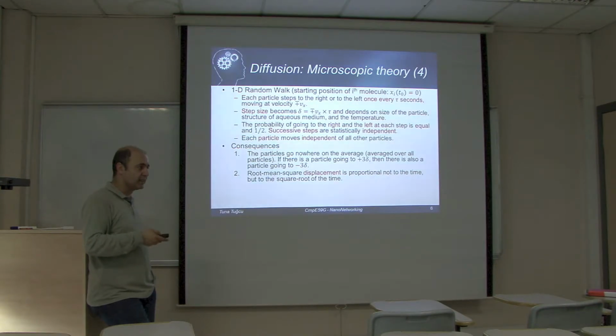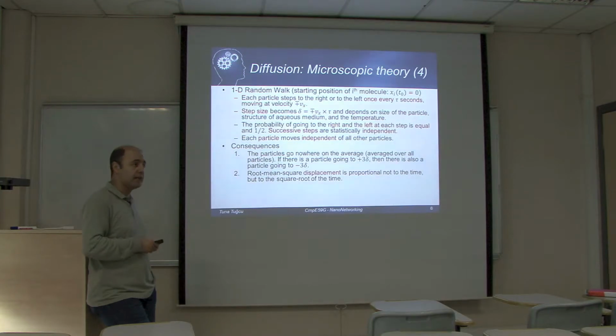When we say delta, we actually mean Vx times tau, but we'll be mostly using the term delta. The step size depends on the size of the particle, how large that molecule is, the structure of the aqueous medium, many things like the size of the molecules in the environment, the density, and also the temperature.